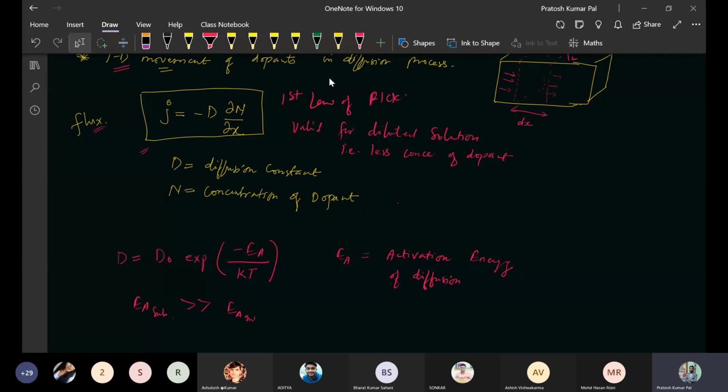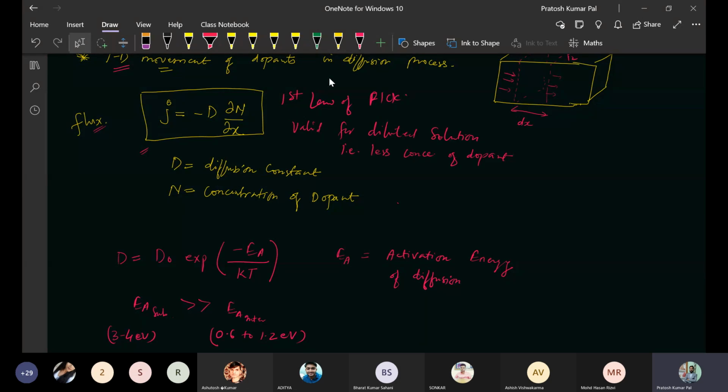For example, it is around 3 to 4 electron volt in case of substitution type of diffusion. But in case of interstitial type of diffusion, the activation energy required is around 0.6 to 1.2 electron volt only. That means the activation energy for interstitial is very low compared to substitution type of diffusion.